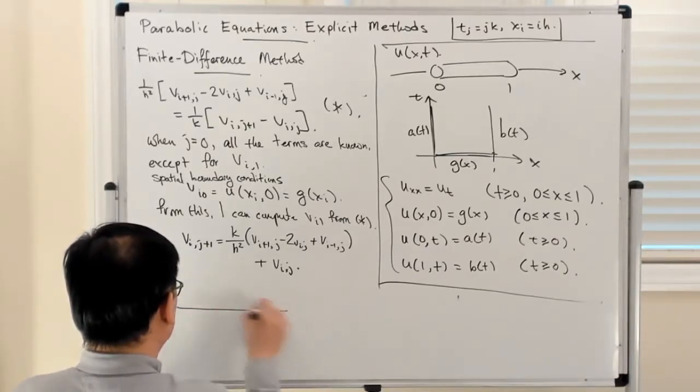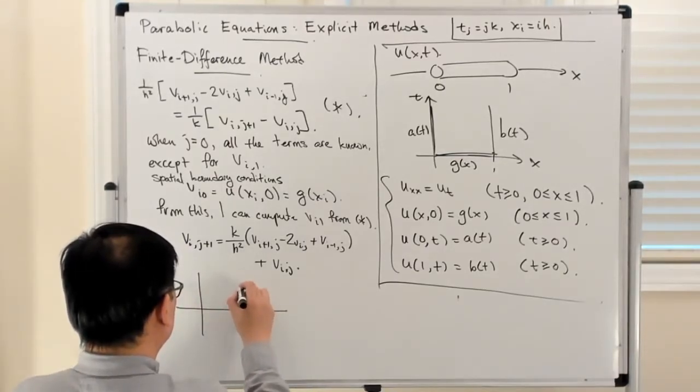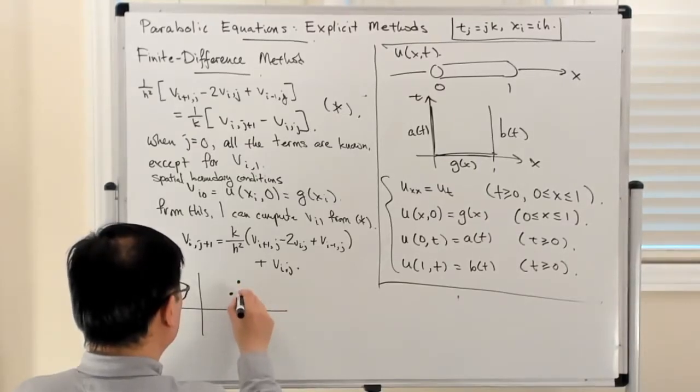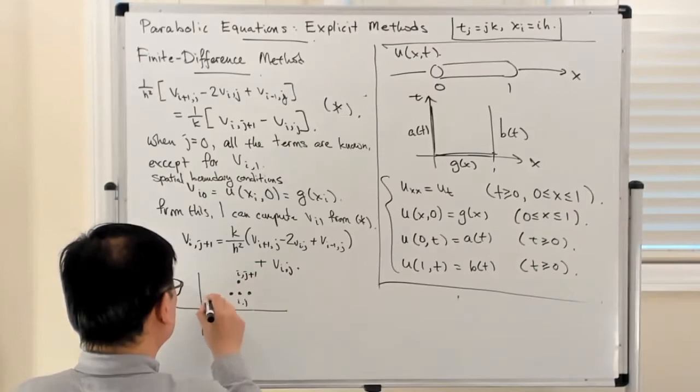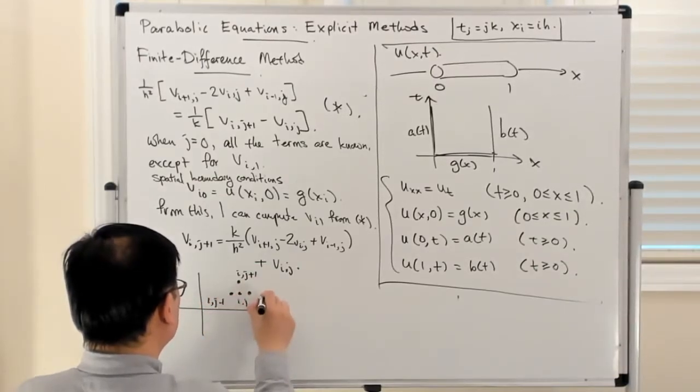So let's try to draw a picture for this. What this is more or less saying is that you have the following kind of stencil. This is the i,j position. This is i,j plus 1. This is i,j minus 1.